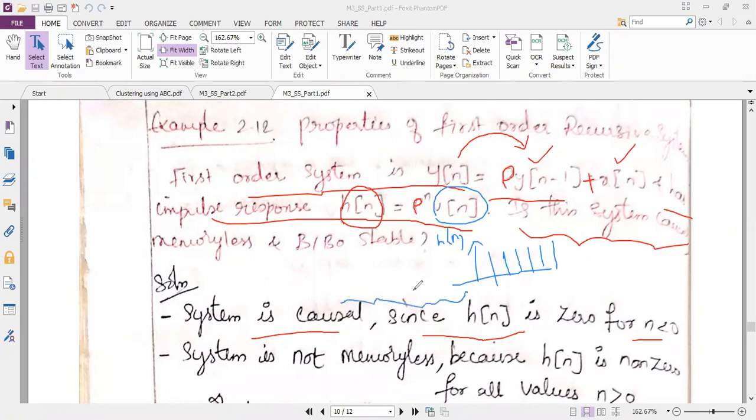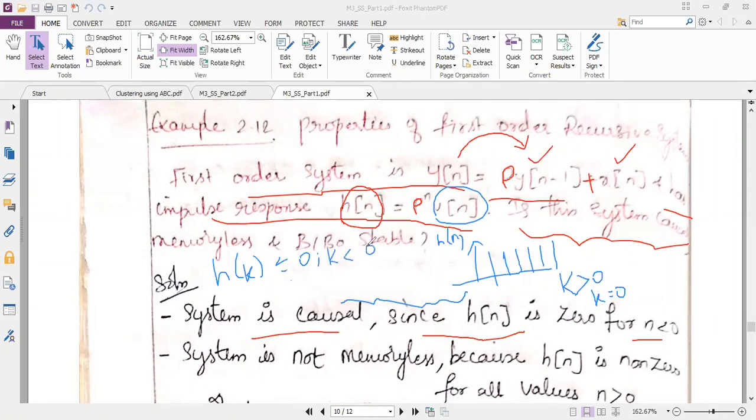So here again the same condition is applicable. I have the samples only at the right hand side. That means when k is greater than or equal to 0, I am getting the output. But as per the condition of causality, I should see only whether h of k is equal to 0 for k less than 0.